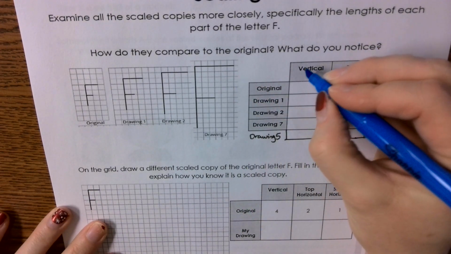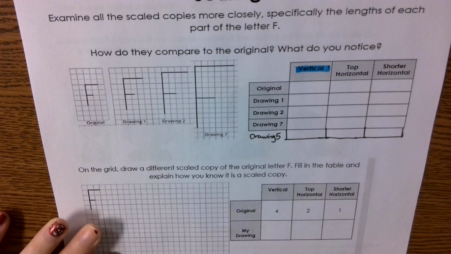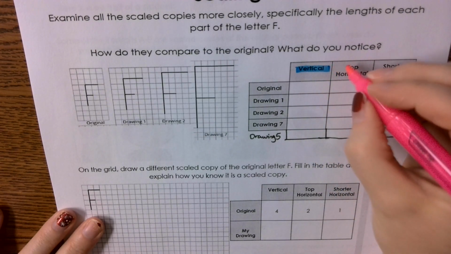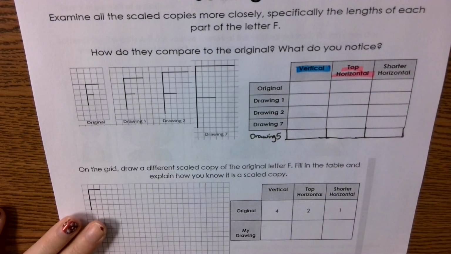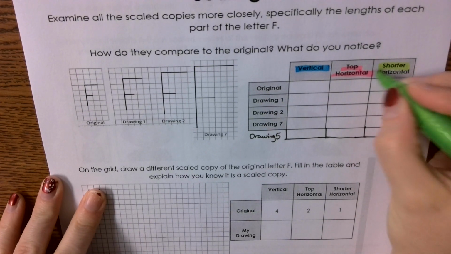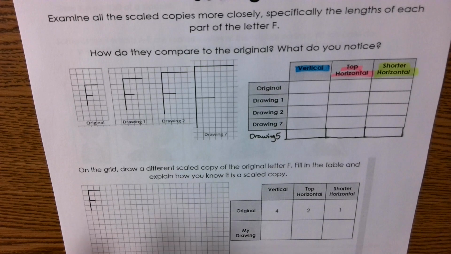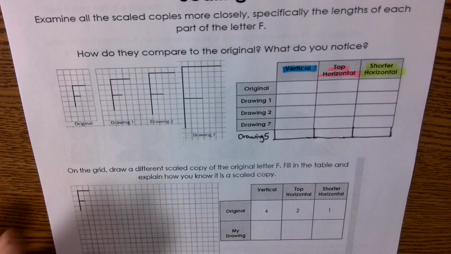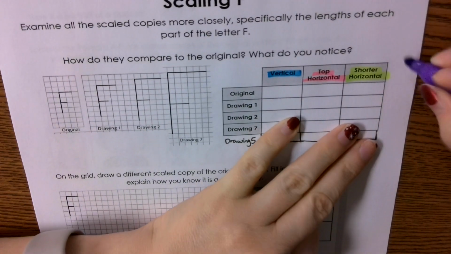First we'll count the vertical measurement, then the top horizontal measurement, then the shorter horizontal measurement, and we're going to see how it can create what we call a scale factor.